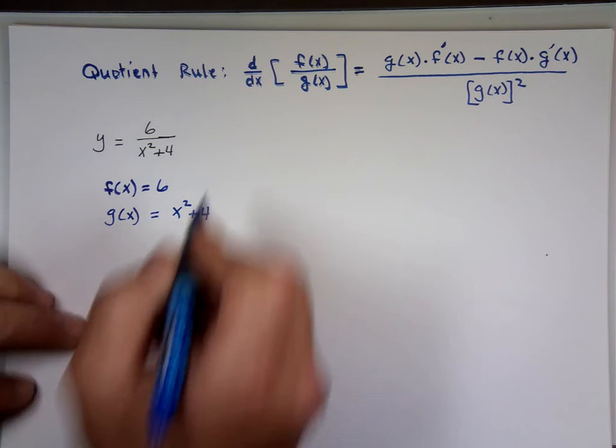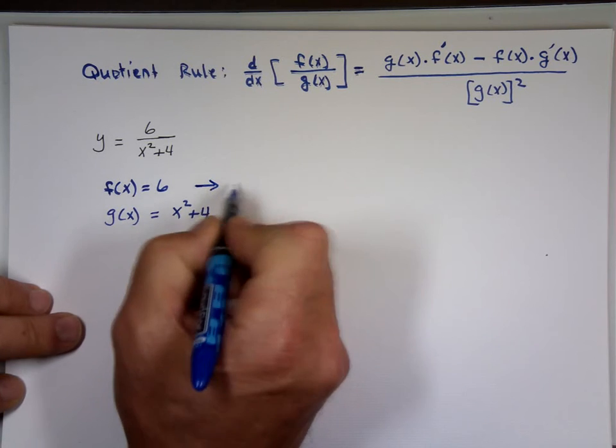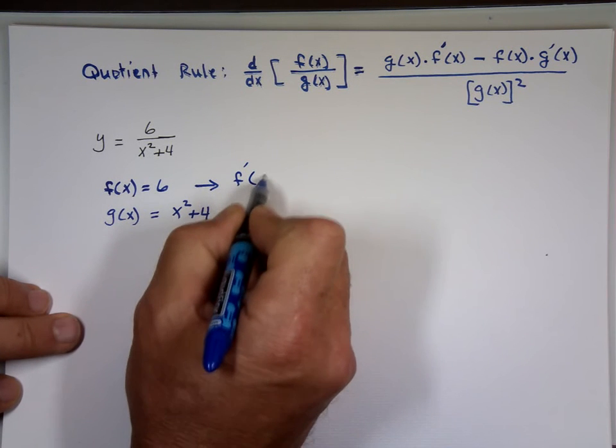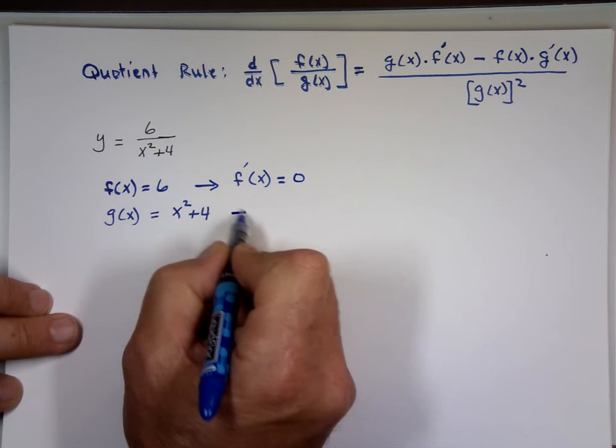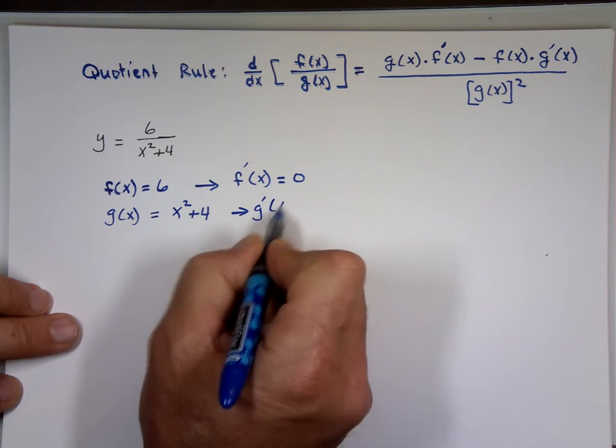Let's find their derivatives again. What's the derivative of the top? 0. What's the derivative of the bottom? 2x.